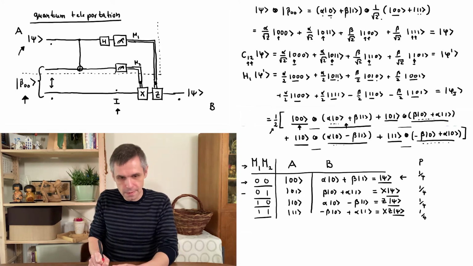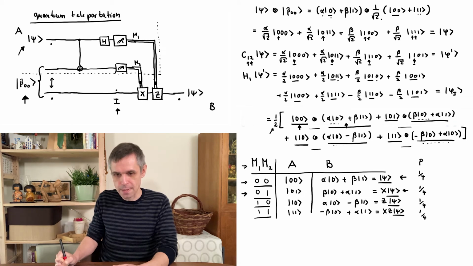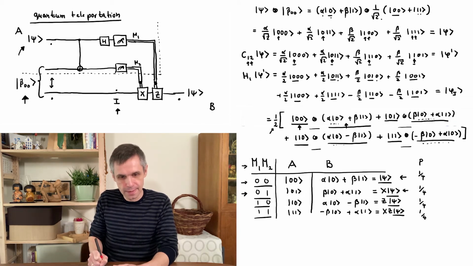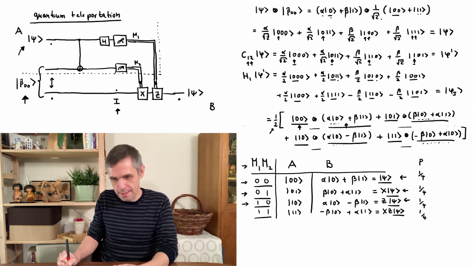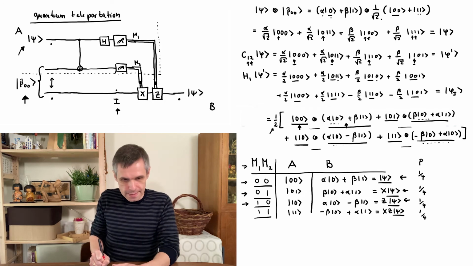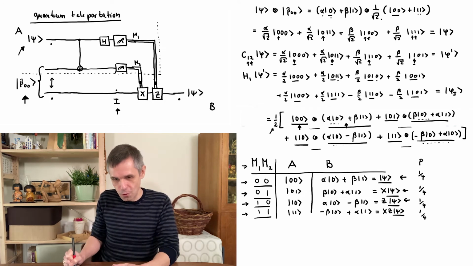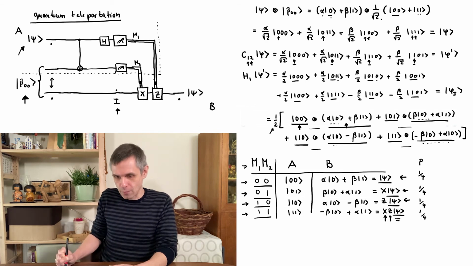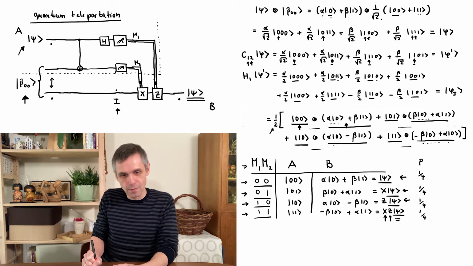When the second bit is 1, we apply the X gate, and this indeed reverses us back to the state psi from this state here. And the same happens from this state here when we apply the Z gate. And in this case here, we indeed need to first apply an X gate to cancel out this term, and then apply a Z gate to obtain the desired state. So what we have achieved is that Bob is now in the possession of a quantum bit in the state psi, which coincides with the original state of the first quantum bit.